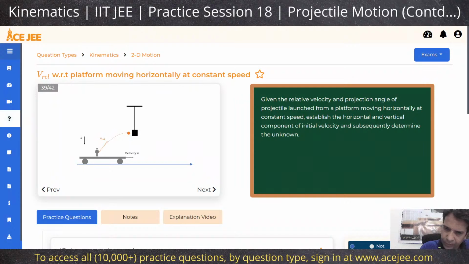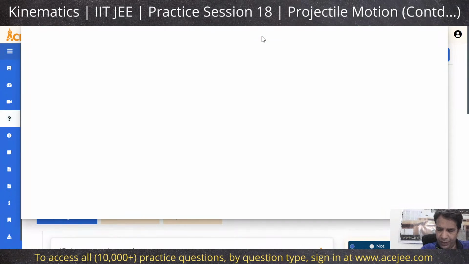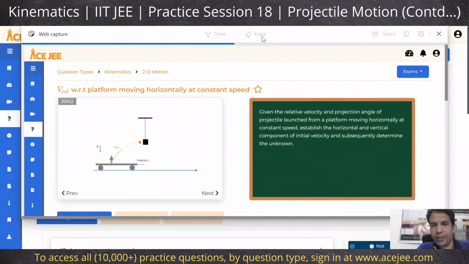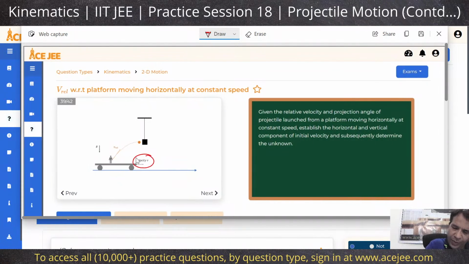Okay. So now, in such questions, you'll be given that the platform is moving, let's say, horizontally towards the right side, which we may call the positive x direction. So let's say the platform is moving at constant speed v towards the right.